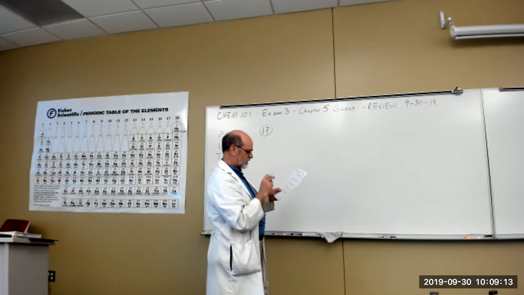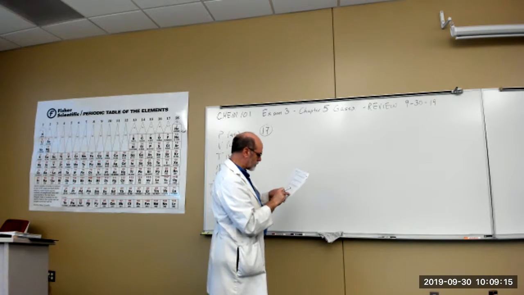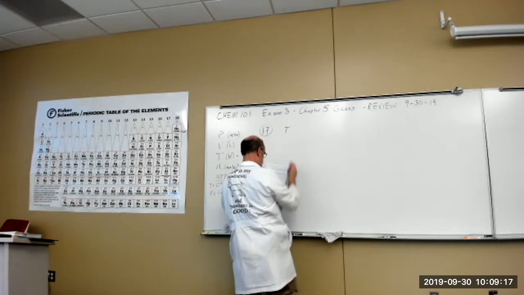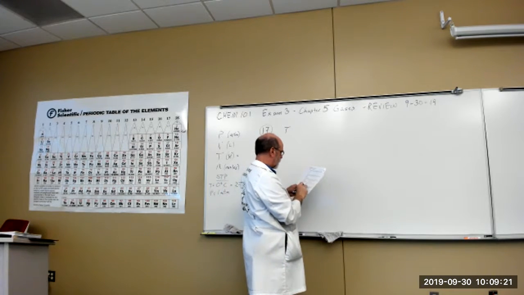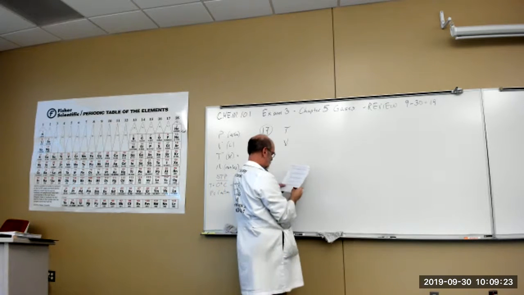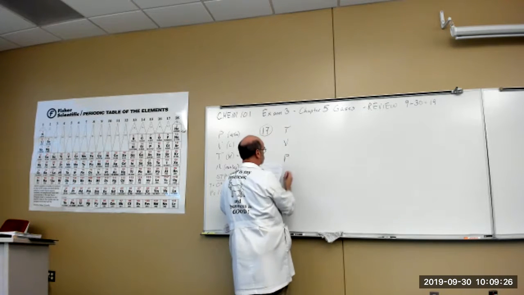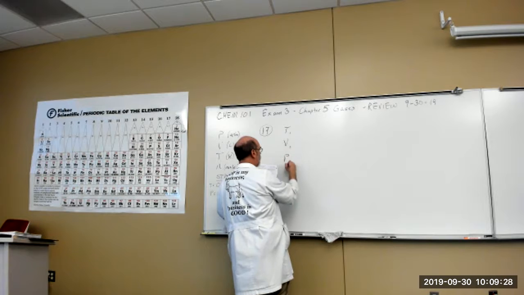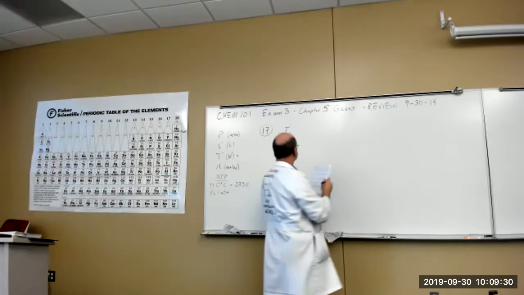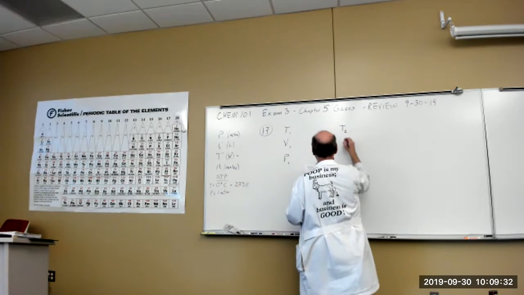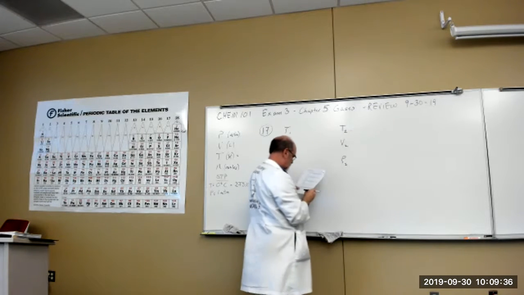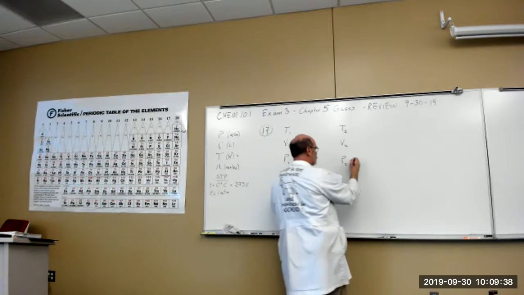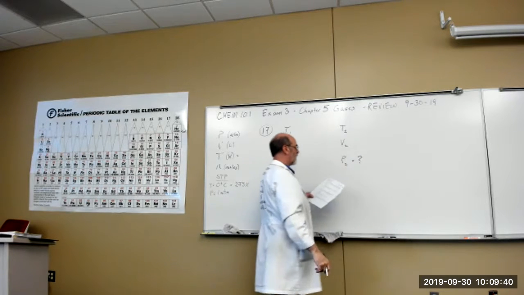The first one I see is temperature. That doubles. Then volume changes. And pressure. So we've got before and after for each one, right? And the question is, what's a good estimate for the new pressure? That's the one we want.